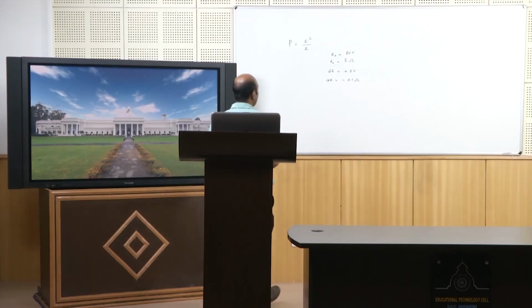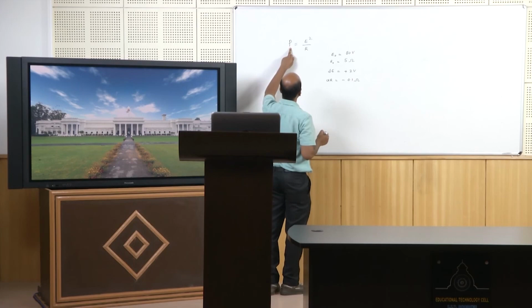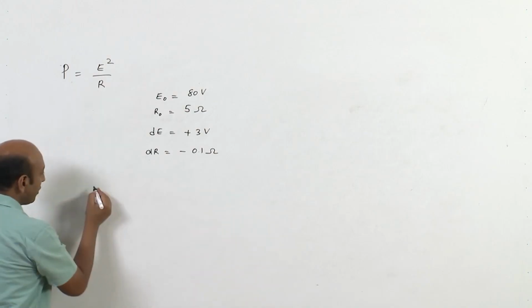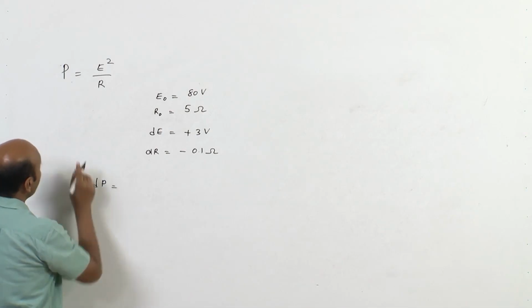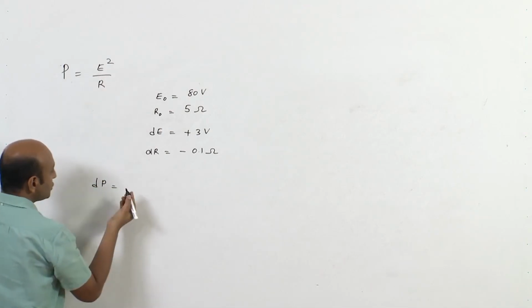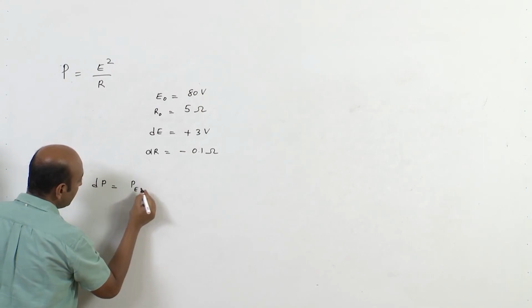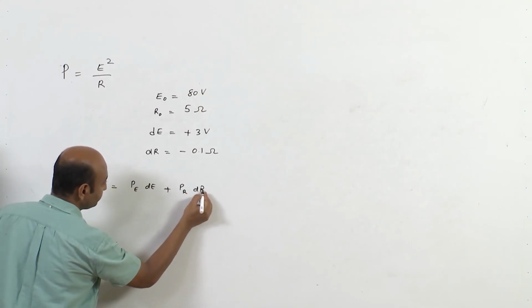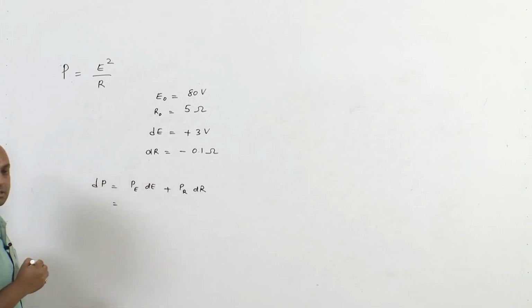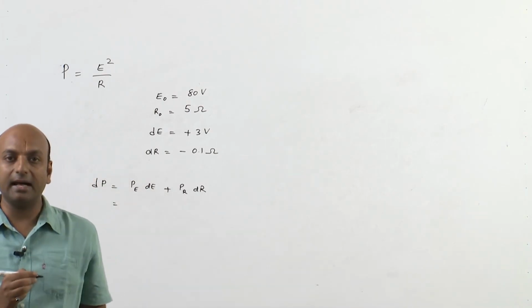Okay. So, how can we find now? So, here P is given by this expression. So, what will be the relative change in the value of P? That will be, now P is a function of E and R. So, it will be P_E into dE plus P_R into dR, okay, because here independent variables are E and R.